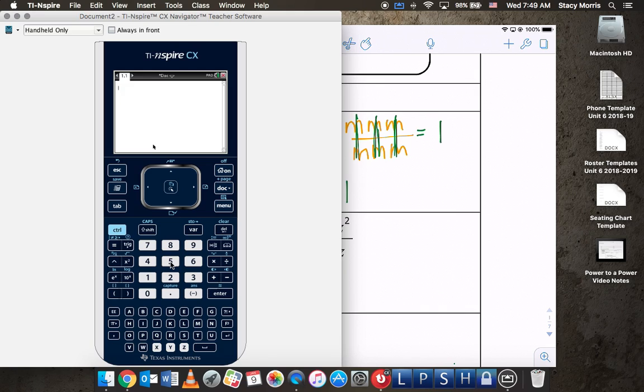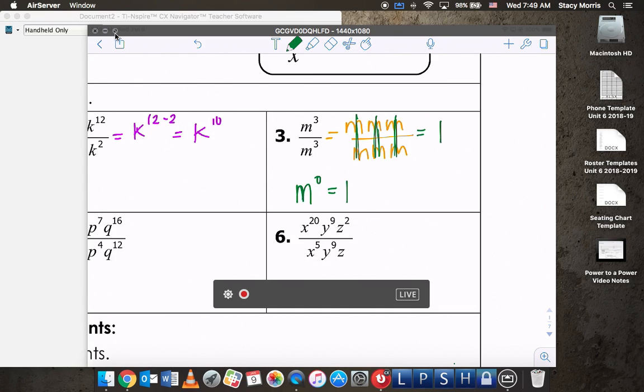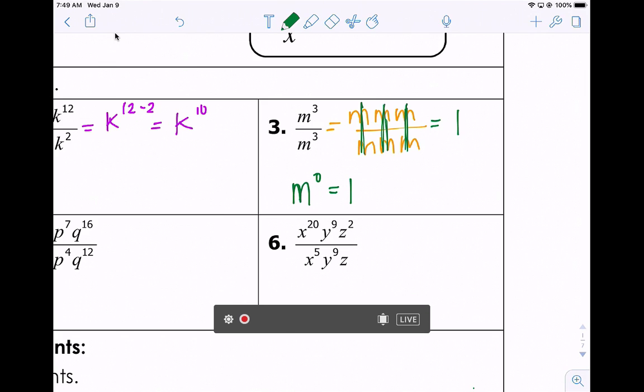For example, 5 to the 0 is 1. If I do 123 to the 0 power, that's 1. Any number that you type into the 0 power is going to be 1. The same applies for variables. Any variable raised to the 0 power is also 1.